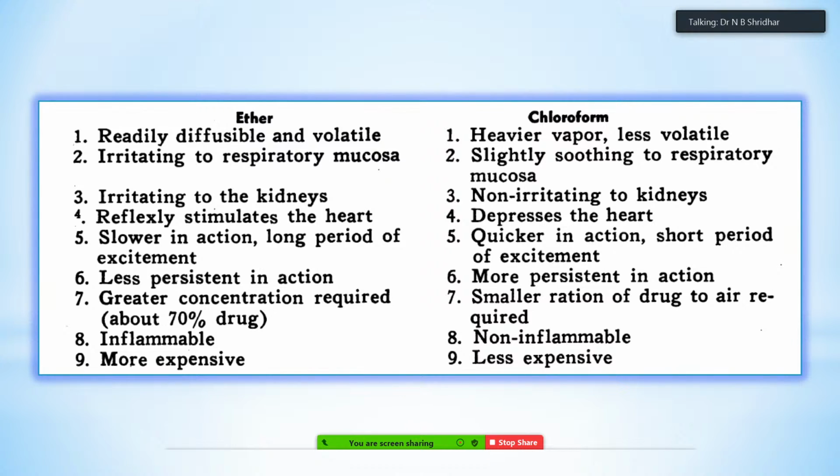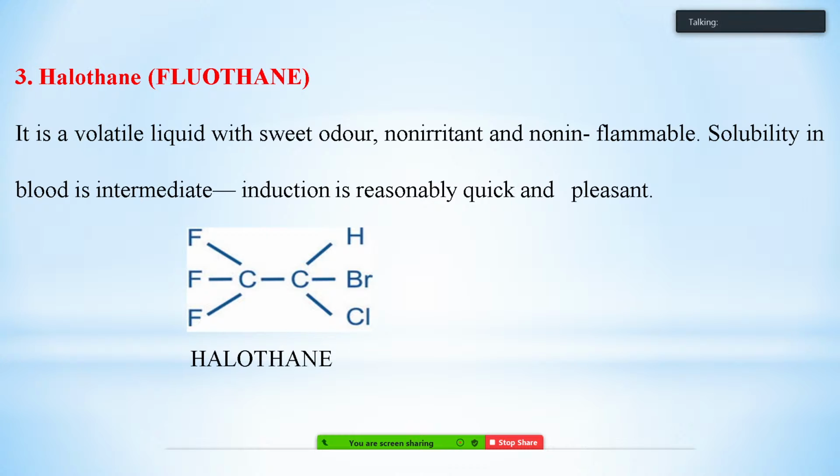Ether is highly inflammable, whereas chloroform is non-inflammable. Ether is more expensive compared to chloroform, whereas the cost of chloroform is less. Compared to the modern anesthetic agents, however, ether is very cheap in nature.